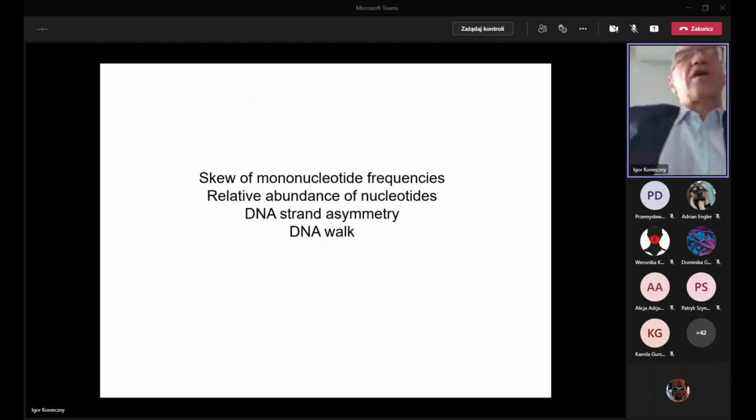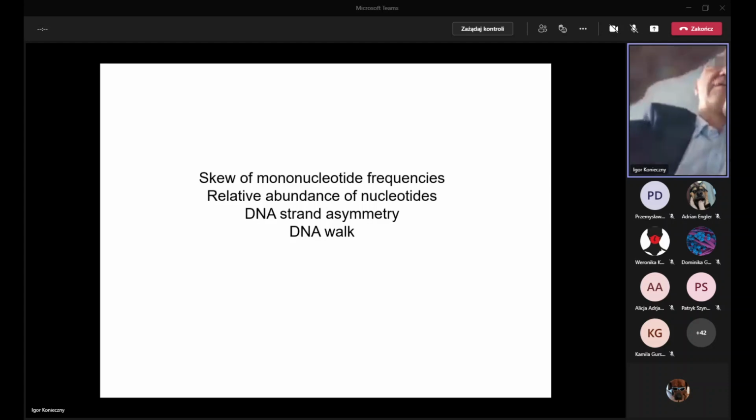So what are the features which can help us to identify the beginning site of replication initiation? The first feature I would like to mention is skew of mononucleotide frequencies, or in other words, relative abundance of nucleotides, or DNA strand asymmetry, or DNA walk.